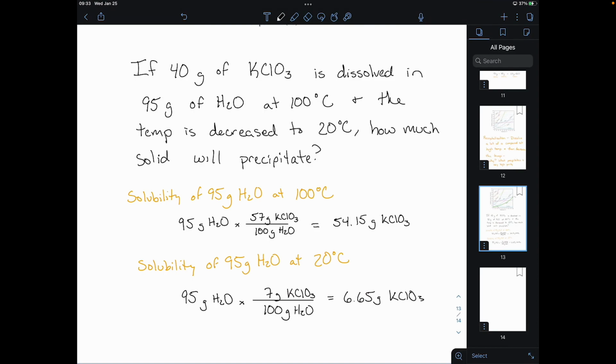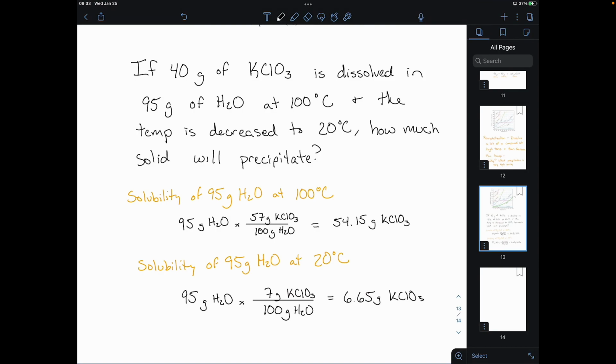So first of all, starting with my initial amount of this potassium chlorate, how much of it is going to dissolve into my water at 100 degrees Celsius? All of it, right? Because I'm below that 54.15 gram threshold. Right?